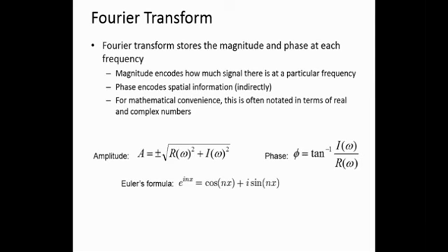So here's the real part of the signal and the imaginary part of the signal. If you want to compute the amplitude, then you just take the length of those two numbers. If you want to compute the phase, you just take the arctangent of those two numbers. And sometimes you also see Fourier transforms denoted in this condensed Euler's formula notation.